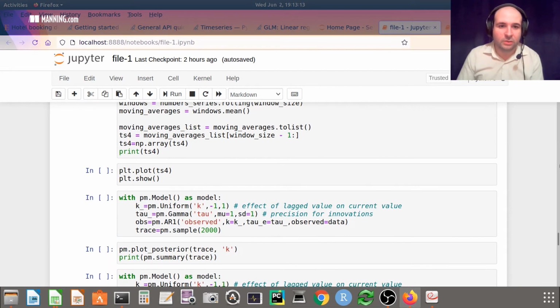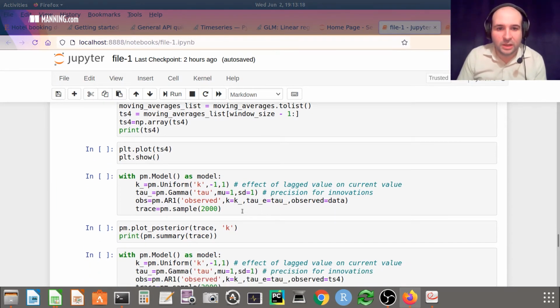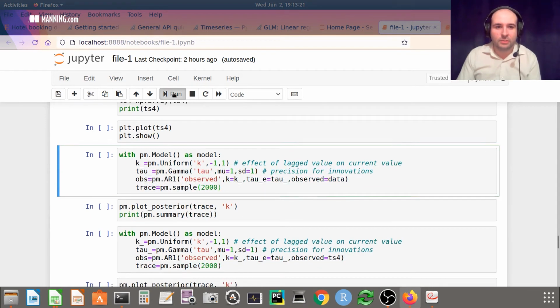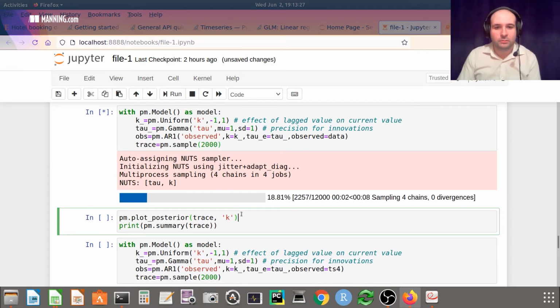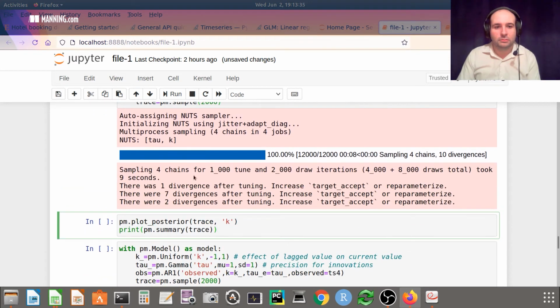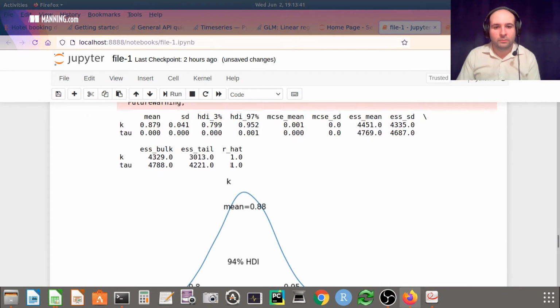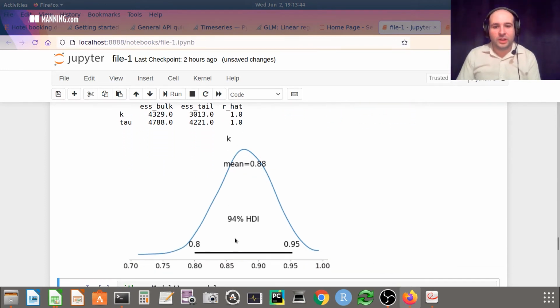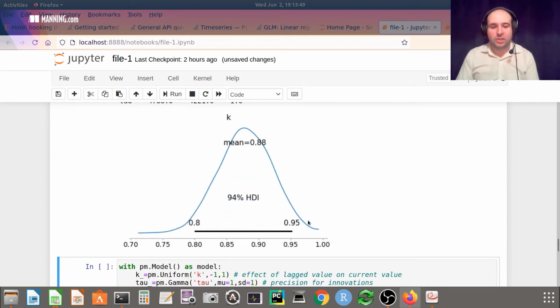And what I'll do, I'll navigate down to the code again here. And what we're going to do is take the observed time series, the observed data, and generate 2000 samples. We're using the NUTS sampler again. And we have a mean of 0.88, and we have a 94% confidence that the strength of the correlation lies between 0.8 and 0.95.